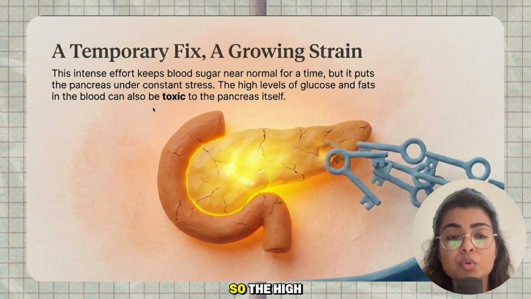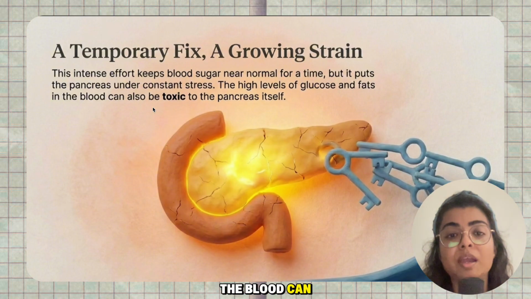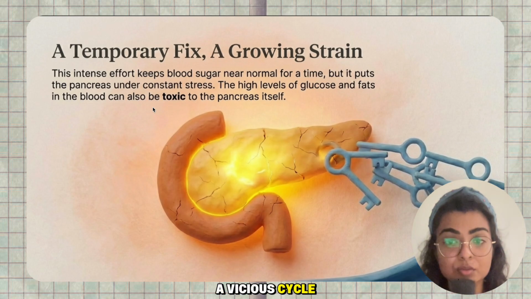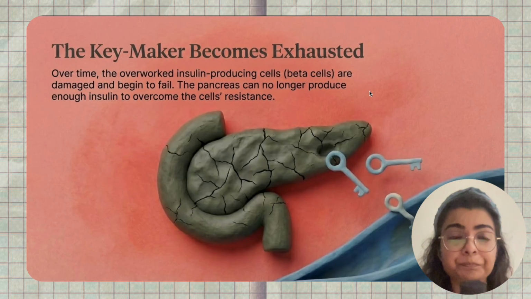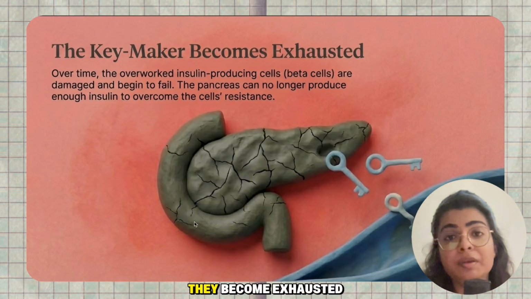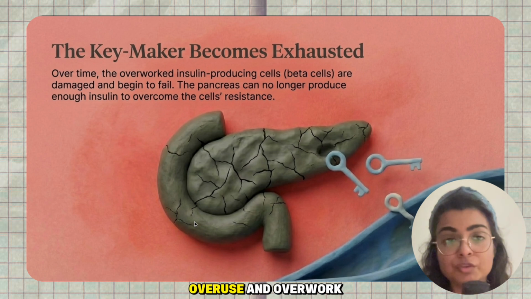Okay, so the high levels of glucose and fats in the blood can also be toxic to the pancreas. It slowly becomes a vicious cycle. So as you can see, the pancreas is really straining. Next, the key maker, which is the pancreas, becomes exhausted, just like any other person or any other tool that you overuse and overwork.